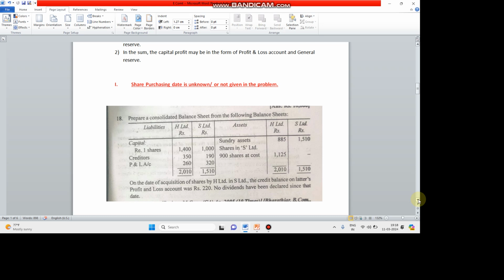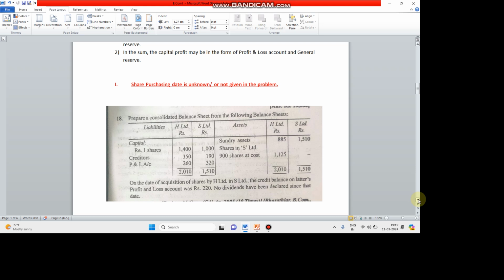Problem 18. Prepare a consolidated balance sheet from the following balance sheets. Here on the liability side, the capital given is H Limited 1,400, S Limited 1,000, creditors, and profit and loss account given. On the asset side, sundry assets, shares in S Limited 900 shares at cost 1,125.